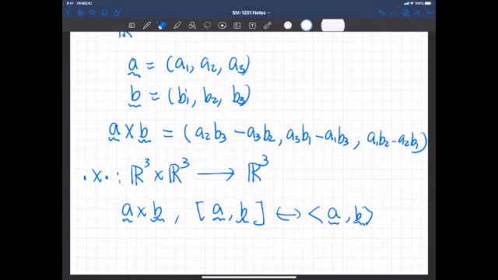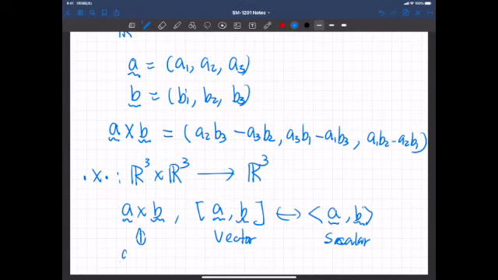So this is the vector product, and this is the scalar product. A cross B is in contrast with A dot B.